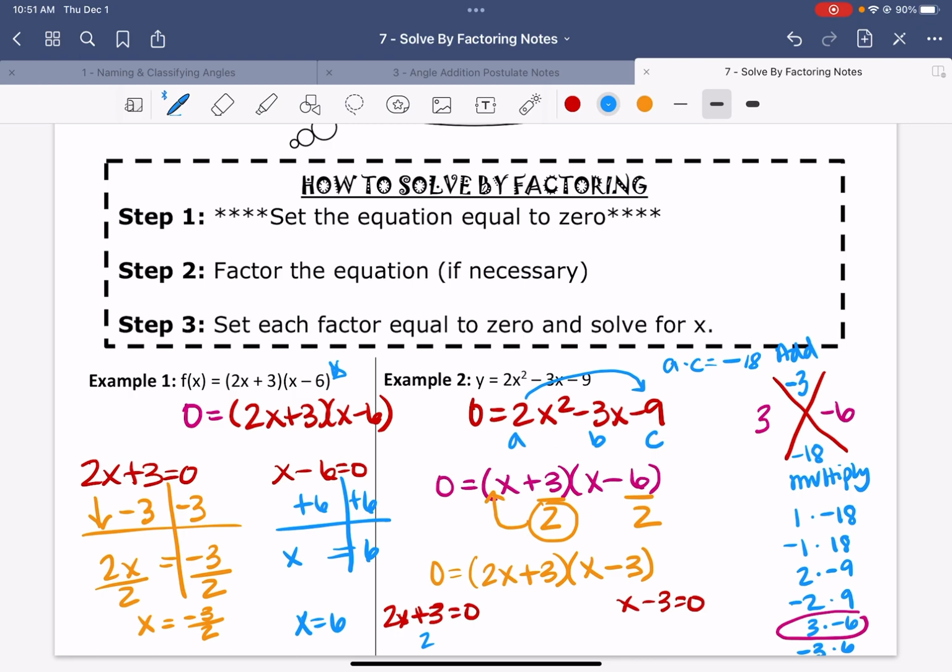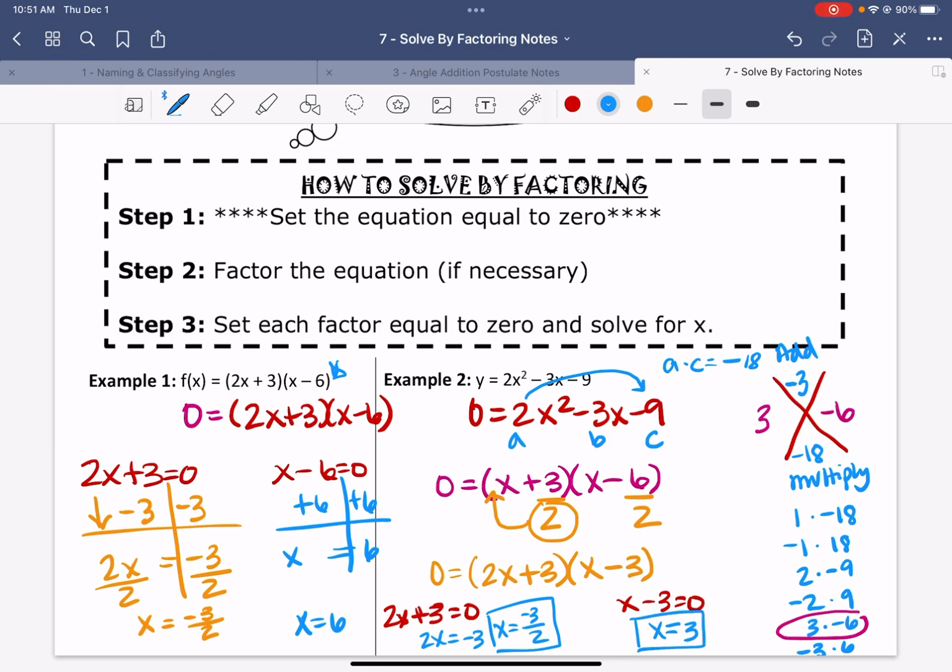That's going to give us 2x equals negative 3. Divide both sides by 2. And we get x equals negative 3 over 2 again. On this one, we'd add 3 to both sides, so we would get x equals 3. So our solutions are x equals negative 3 over 2 and x equals 3.